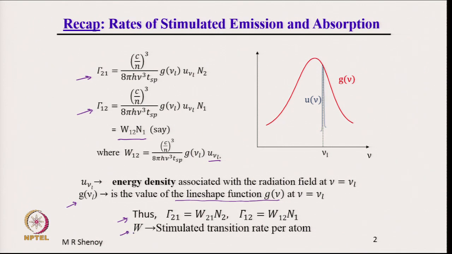For non-degenerate systems, where sigma E, the emission cross section, is equal to the absorption cross section, W12 will be equal to W21. We will discuss these as we go further.